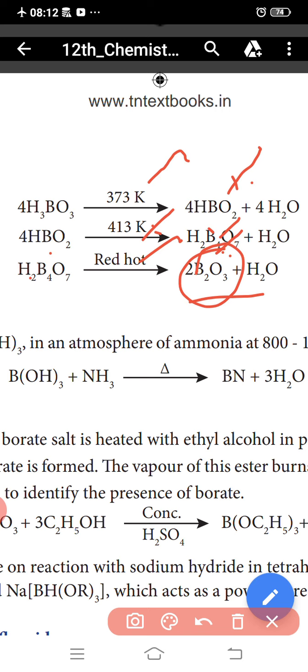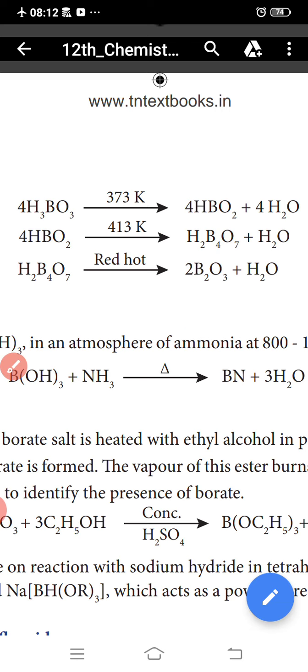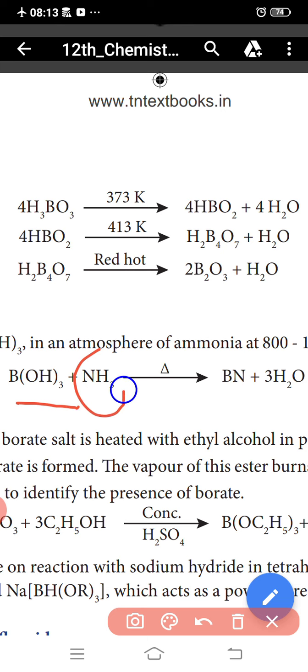The next one, the action of ammonia. This boric acid reacts with ammonia to give boron nitride and 3 molecules of water. Also the fusion of urea with boric acid.